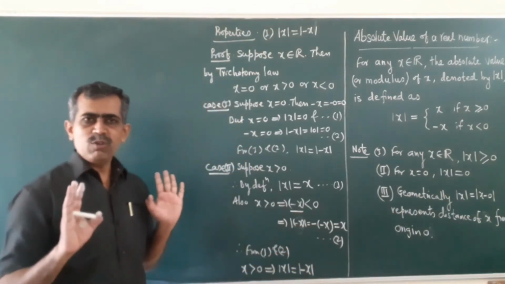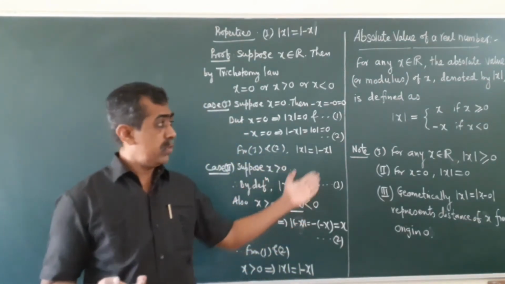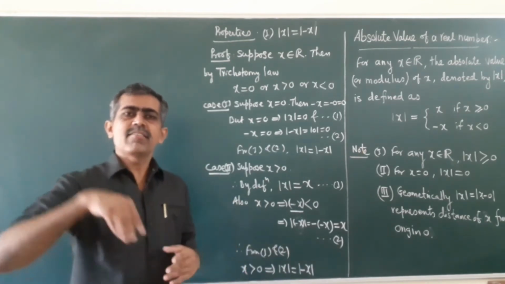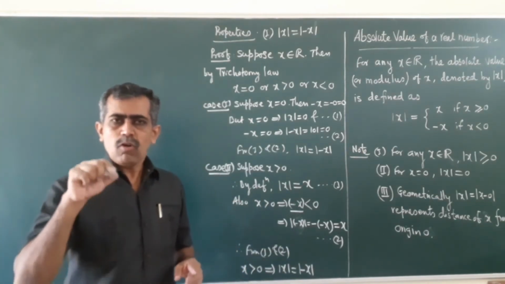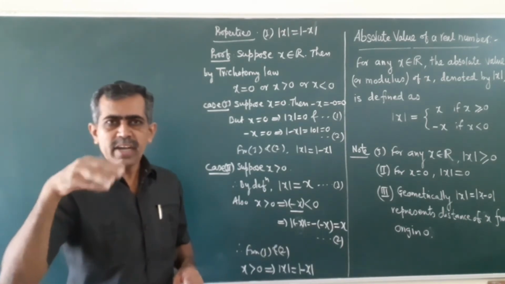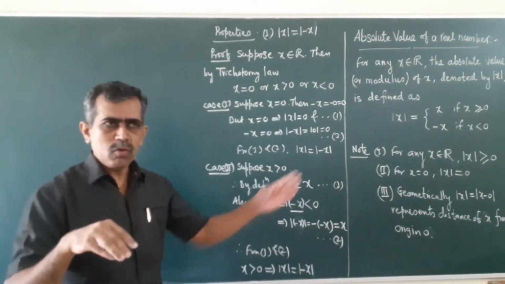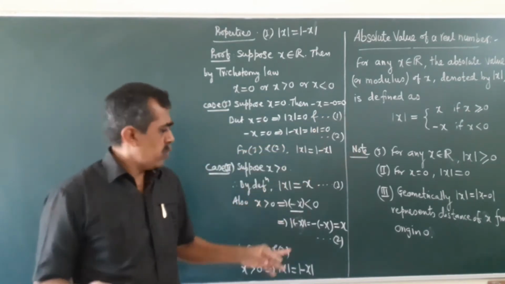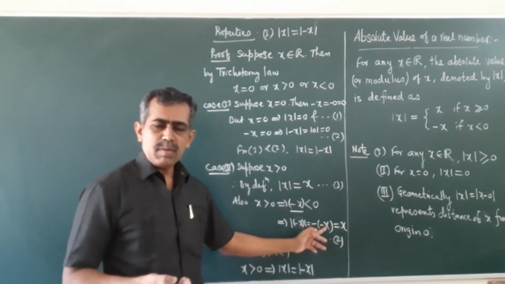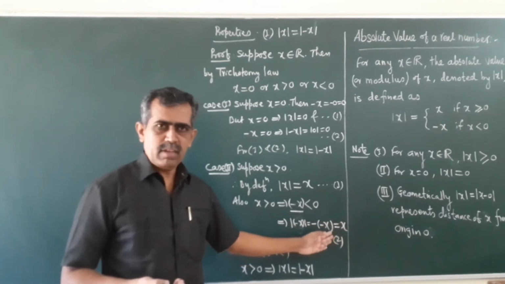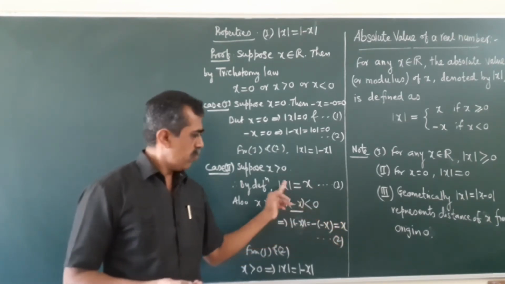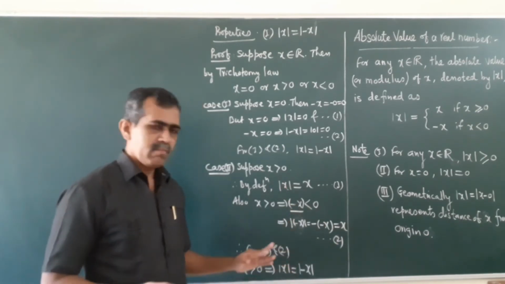So what I have used is x greater than 0, so by the definition of mod, x is positive. If x is greater than 0, minus x is negative. I call minus x as y. Y is negative, therefore by the definition of modulus, for a negative number, mod of y will be minus of y, but minus of minus is plus, and that is x. From 1 and 2, x is equal to x, therefore the left hand sides must be equal.